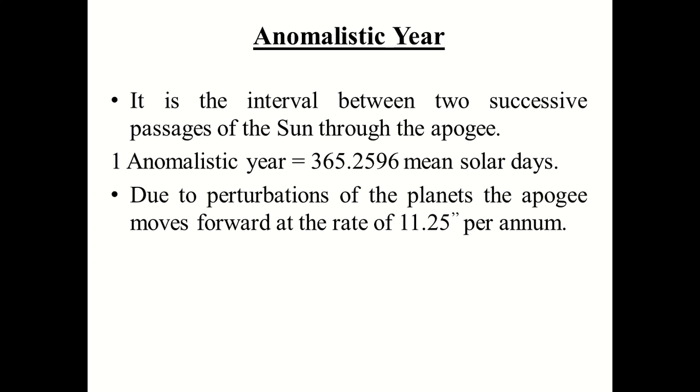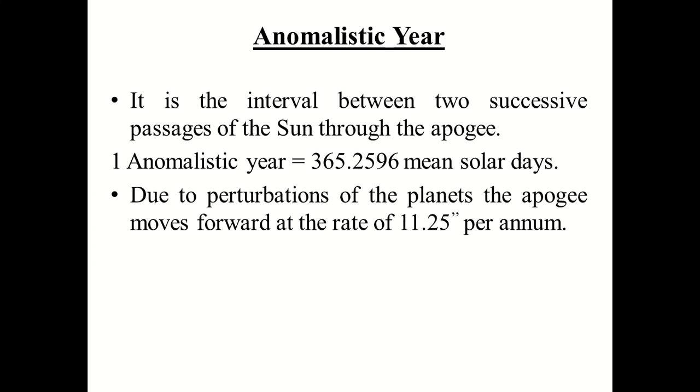If we determine successive farthest positions of the sun, we can get the time interval between them, which is called the anomalistic year. It can usually be observed by calculating the angular diameter of the sun.